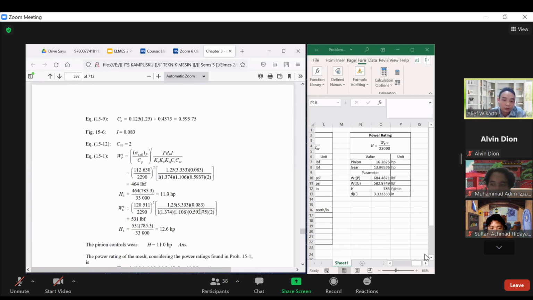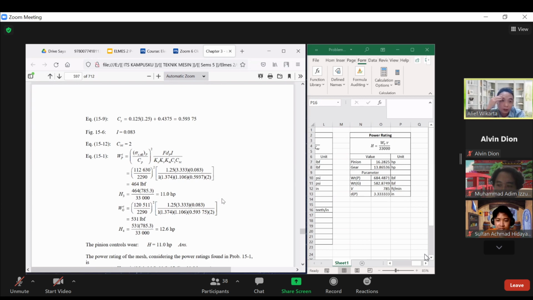So what's the meaning, Andika? Which one is more dangerous? Which one do we have to consider, after you know these four values for the rating?